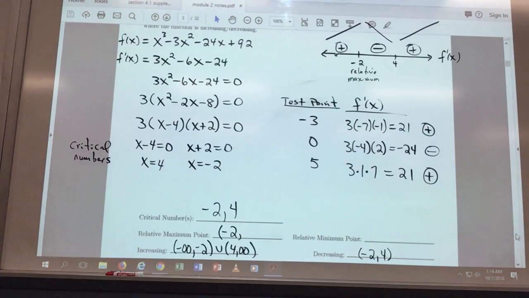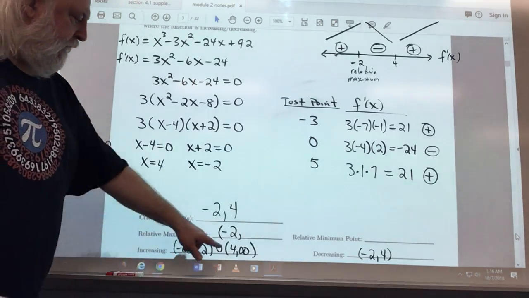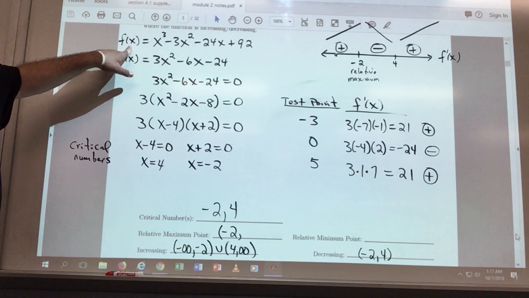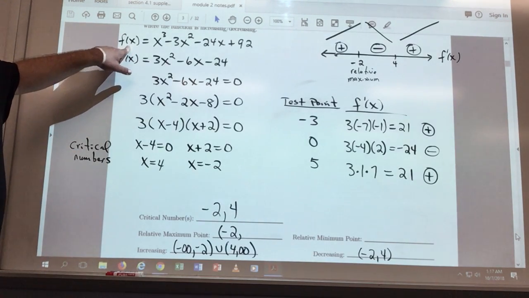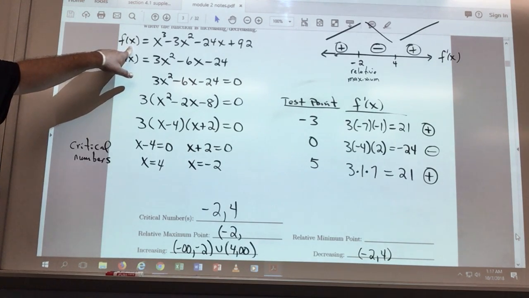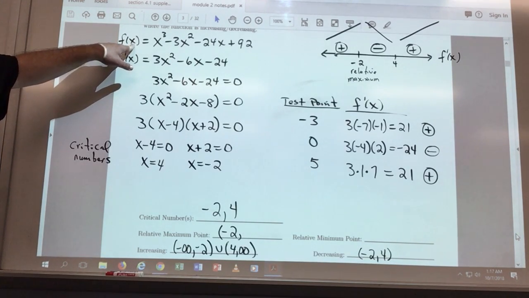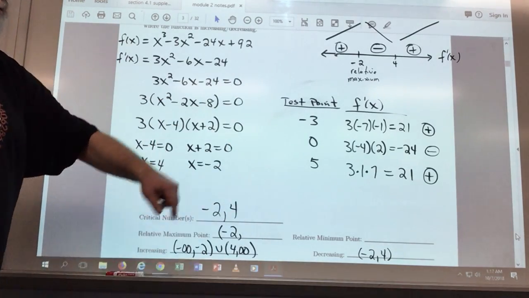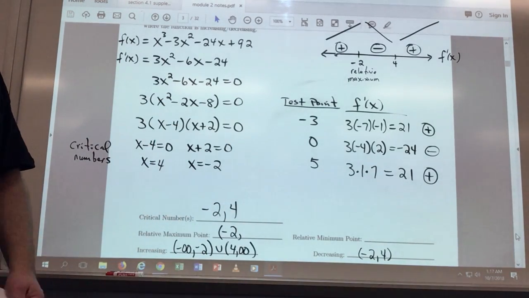How do we get the y coordinate? We've got to plug in -2 for x into the original function. And remember, y values and function values are the same. So when I put in -2 for x into the original function, it'll give me the y coordinate of where that relative maximum is located.